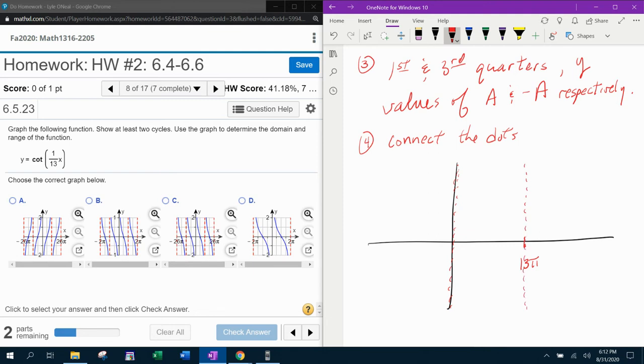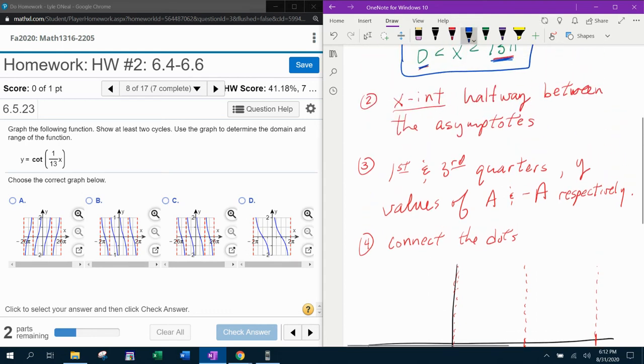So can you see that those consecutive asymptotes are 13 pi apart? So if I go another 13 pi, 13 and 13, that's 26 pi. I'll have another asymptote.